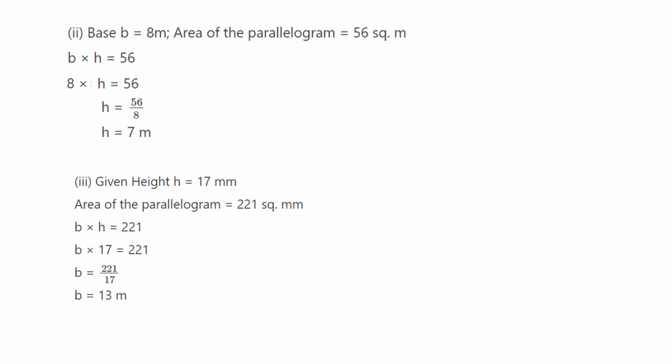Second sum, base given 8 meter and area of the parallelogram also given, 56 square meter. So we have to find out H. First you write the area of the parallelogram equal to B into H. Area is also given, you write 56.